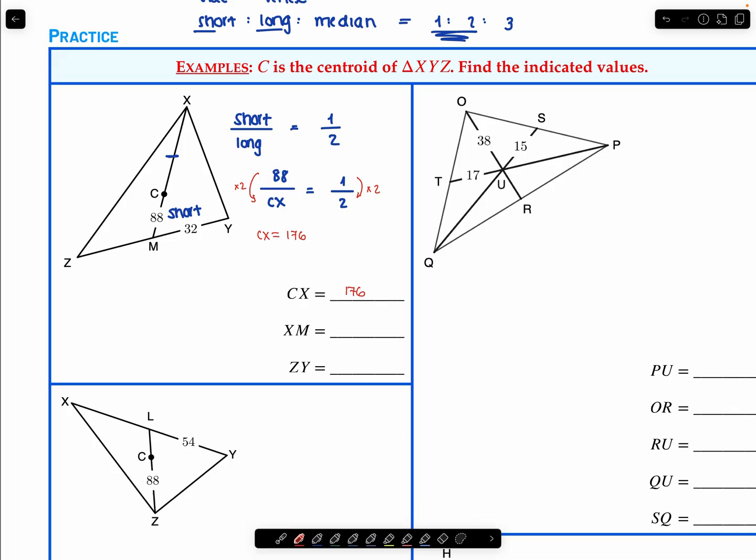Where are we now? XM. XM is the entire length of the median, and so this is going to be short to whole. This is 1 to 3.